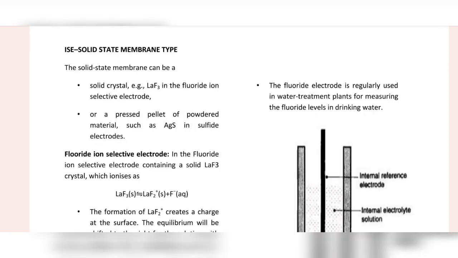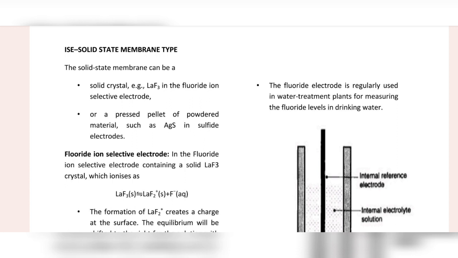The second type of electrode is the solid state membrane ion selective electrode. The solid state membrane can be made up of a solid crystal, for example, lanthanum fluoride. This type of solid crystal made of lanthanum fluoride is used for fluoride ion sensing.